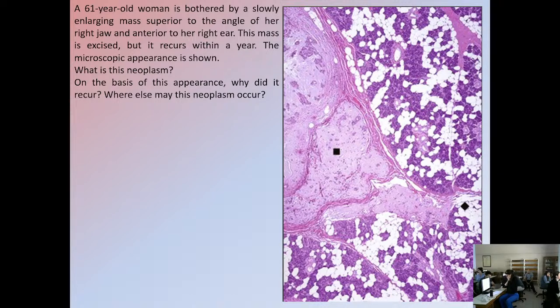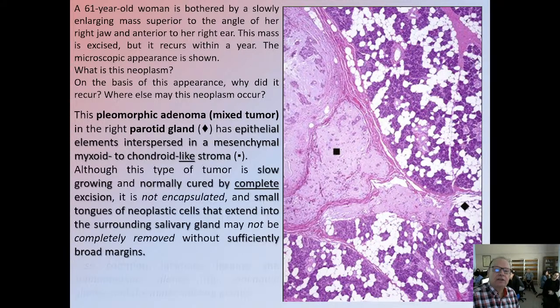He has to remove surrounding normal parenchyma so that any tumor projections in the neighboring parenchyma are removed and the likelihood of recurrence is very, very low. So this is the most common tumor of the salivary glands, pleomorphic adenoma.